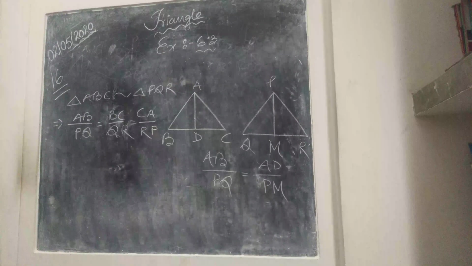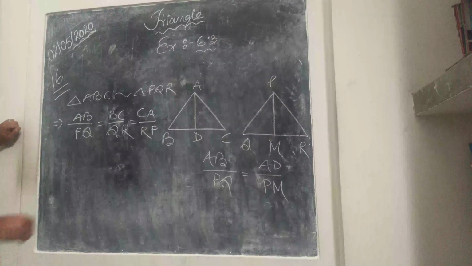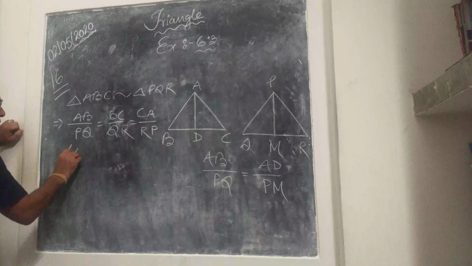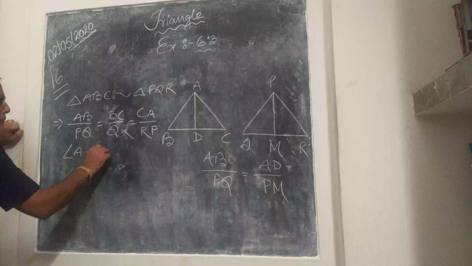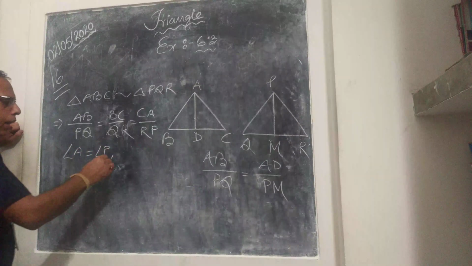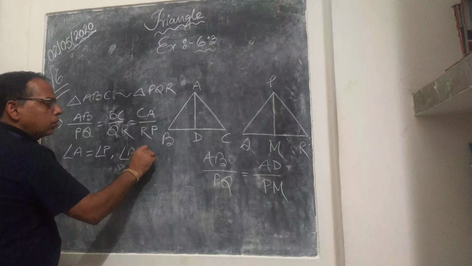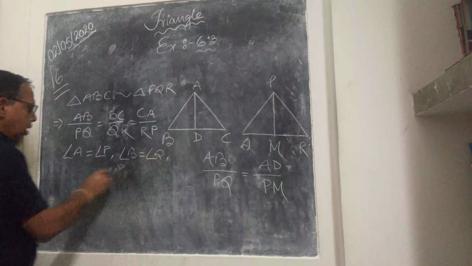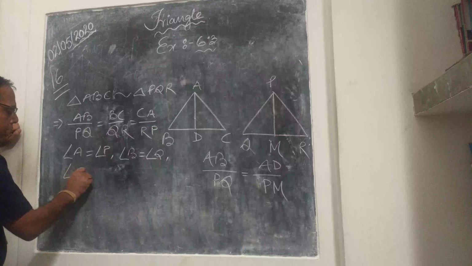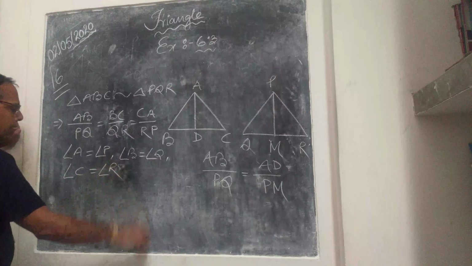This is by similarity property. Now you see also angle A equal to angle P, angle B equal to angle Q, and angle C equal to angle R.